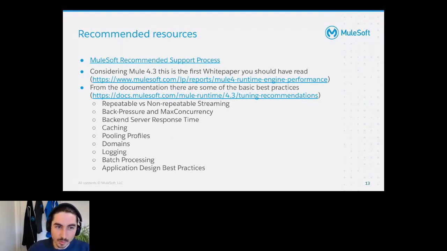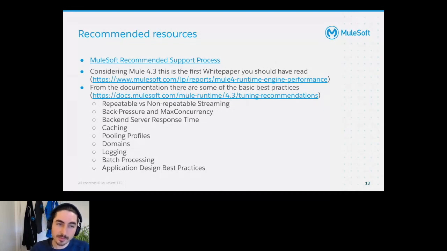And lastly, there's documentation that is extremely useful that was added not that long ago on the documentation portal site. That is how you do the performance tuning. What are some recommendations?